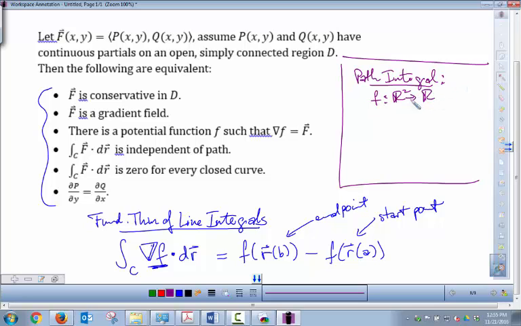We'll just put R2 to R. And then you're integrating f ds. Now, a couple things to note here. The f is not a vector field, and the ds is not a vector. It's the magnitude of the parameterization.